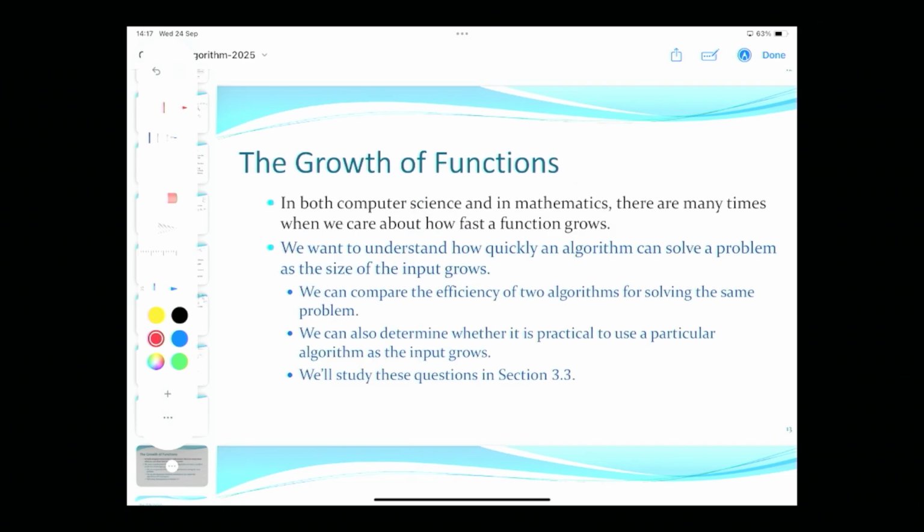A function could be any function, just like f(x) equal to x squared plus 3x plus 5, something like that, right? So x could be about the size of the problem or the number of elements in the list, so that given a function, it tells us about how complex the problem is.